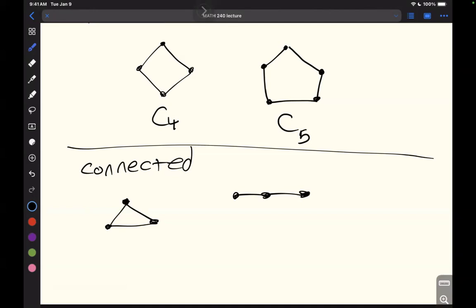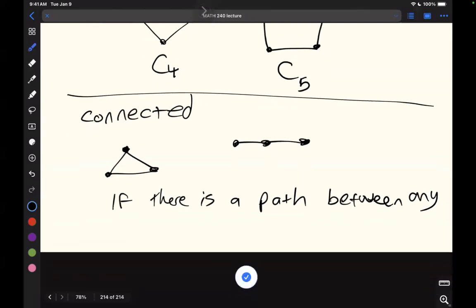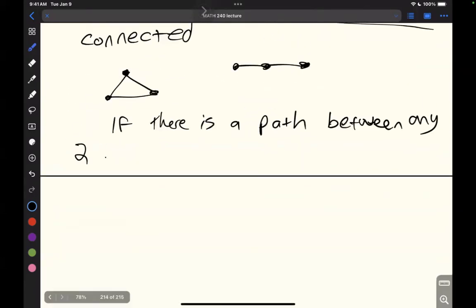Yeah, it's not a complete graph, but there's still a way to get from any vertex to any other vertex. And that's our definition of connected. If there is a path between any two vertices, then the graph is connected.